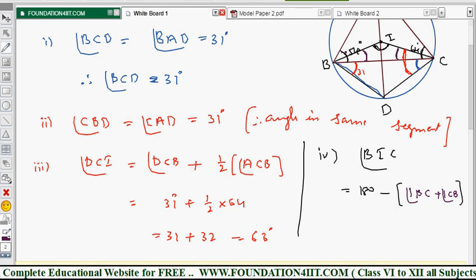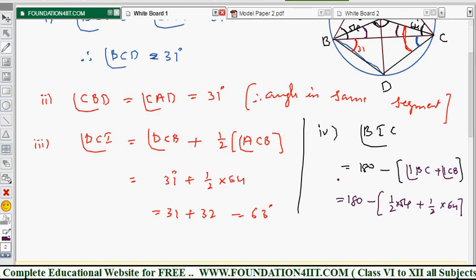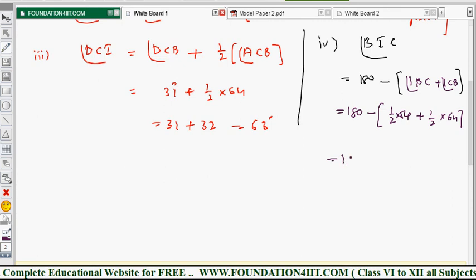They are nothing but half of 54 and half of 64, because the angles are bisected. So 180 minus half of 54, which is 27, and half of 64, which is 32. So 180 minus 27 minus 32 is 121. That is, angle BIC is 121 degrees, right?